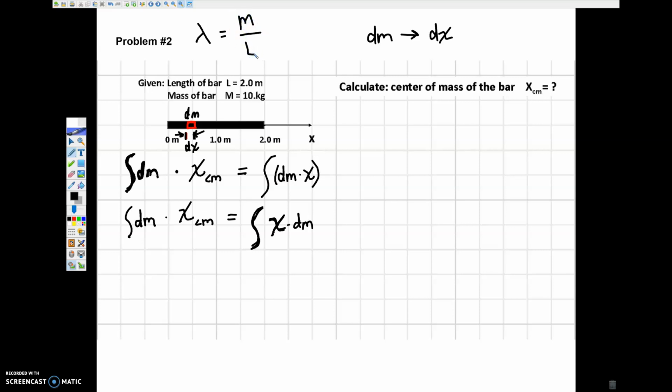And if I rearrange this, the mass ends up equaling the linear mass density times the length. So if I multiply the linear mass density times the whole length, I'll get the whole mass.